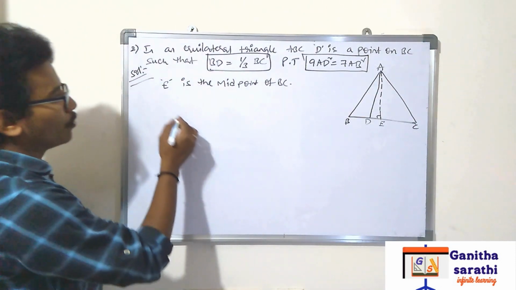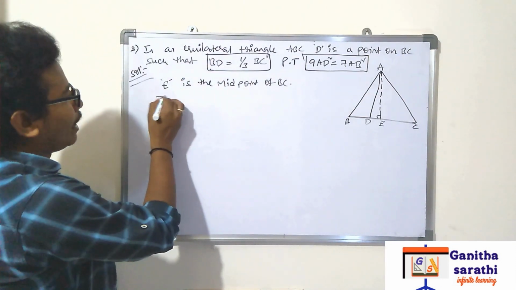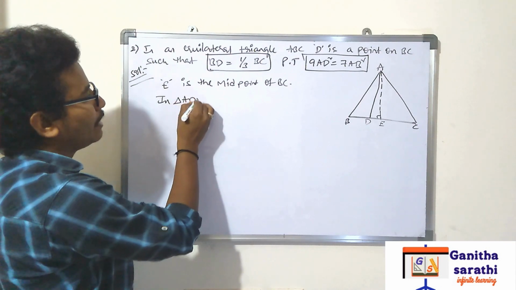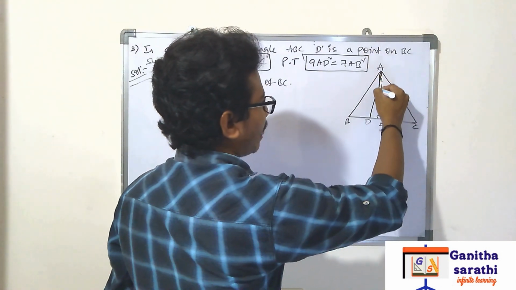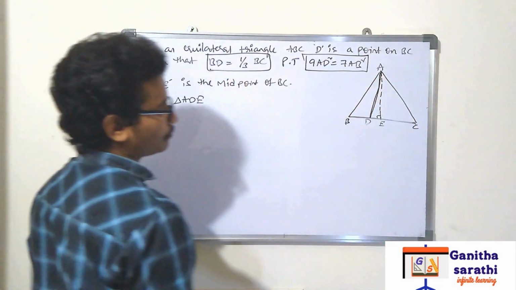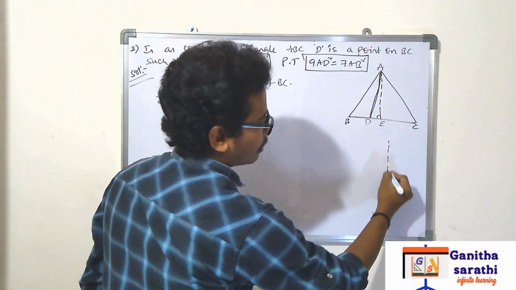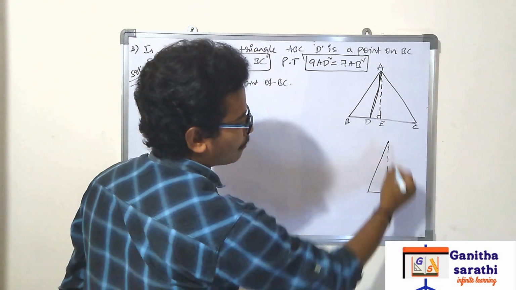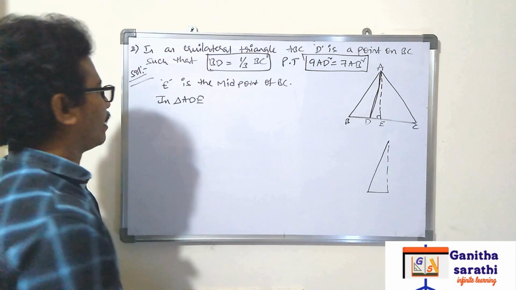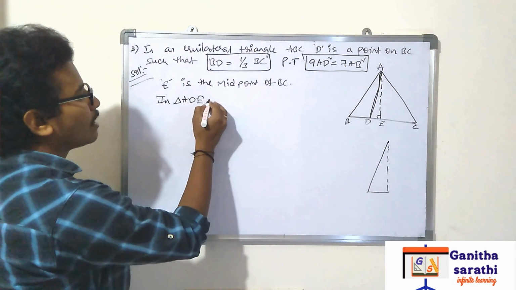So in triangle ADE, this is slant and this is straight, like this the midpoint, and this is the slant. What is forming here? We are getting a right angle triangle. In triangle ADE, what is the hypotenuse?